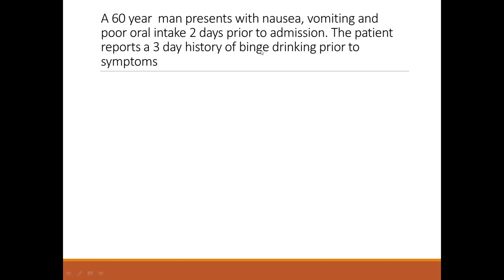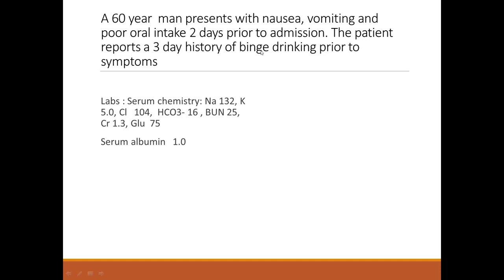So certainly we are encountering someone with alcoholic acidosis. Here are the electrolytes, sodium, potassium, you can see over here, with creatinine of 1.3 and glucose 75, serum albumin 1, and this is the blood gas with mild acidosis.